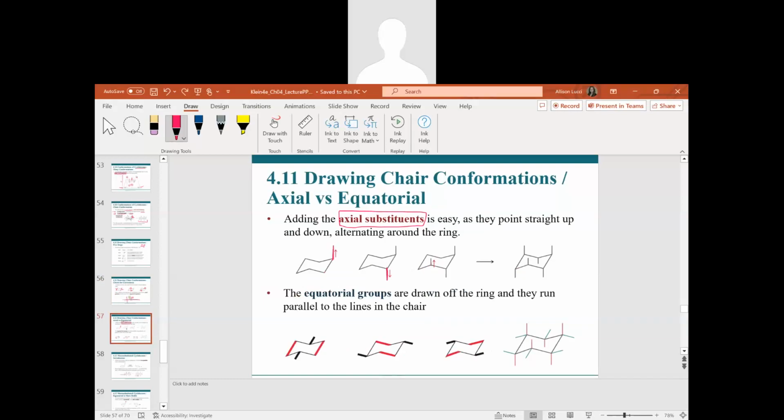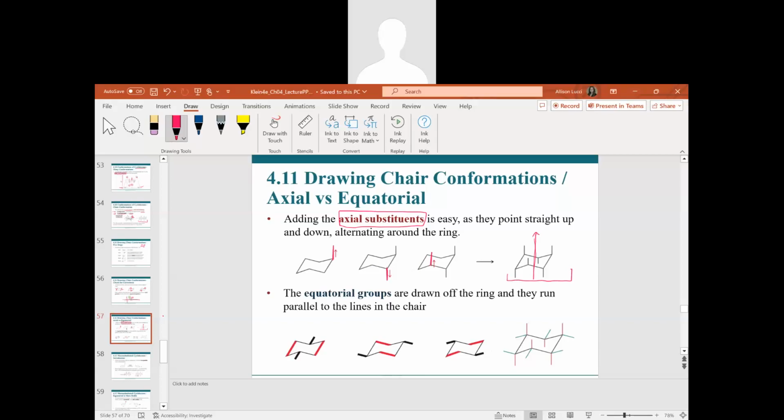And then this next carbon, we see that carbon is pointed up, so we draw our axial position up. And then we end up with this in the end here. After going around all the carbons, the ones that are pointed up, we'll draw our axial positions up, and the three that are pointed down, we'll draw down. And again, they're parallel to this central axis of our cyclohexane ring.